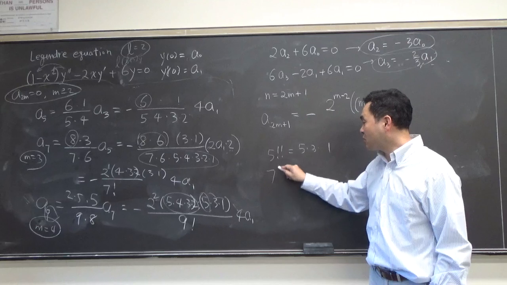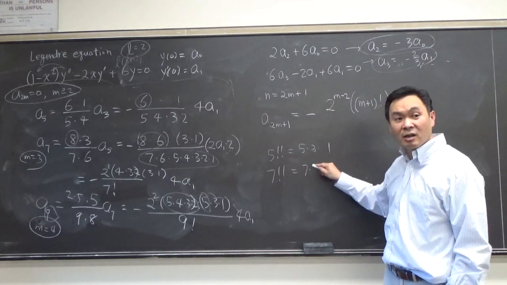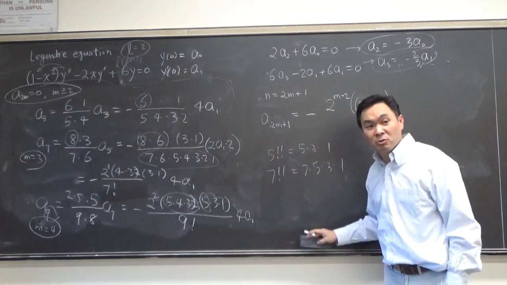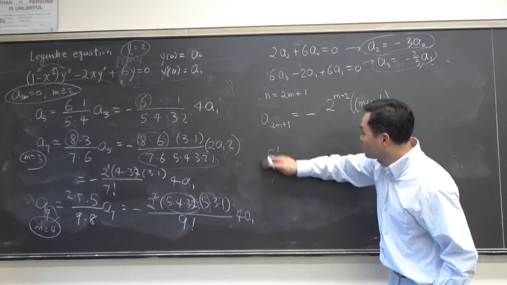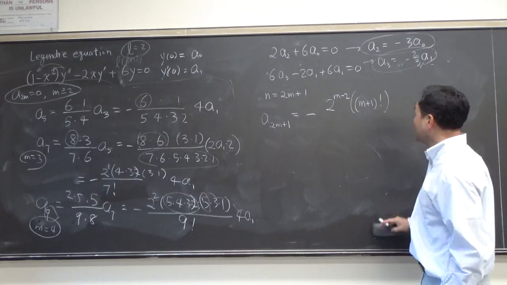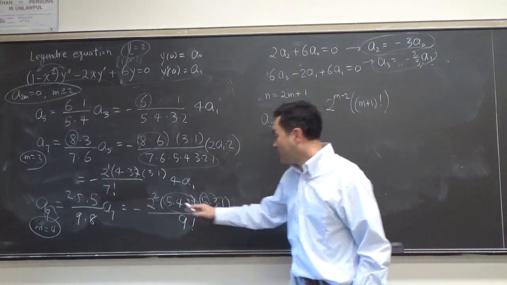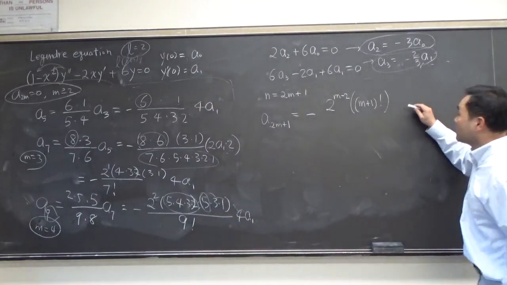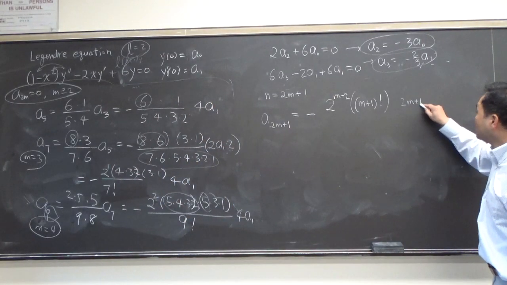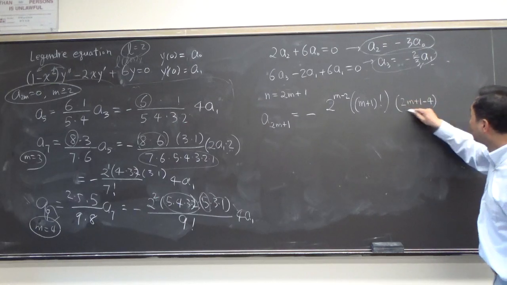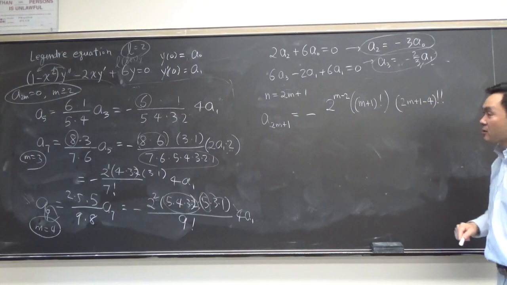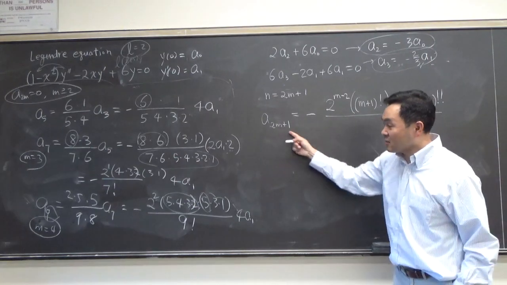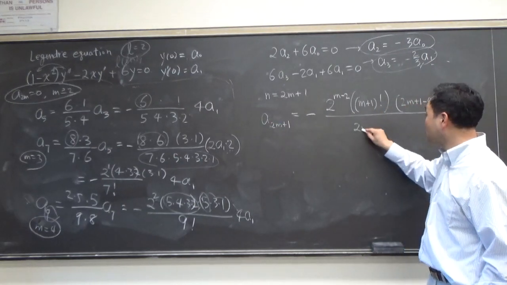And 7 double factorial will be 7 times 5 times 3 times 1. Okay? So that's another notation people use to talk about what's happening here. So 9 minus 4 gives you 5, 7 minus 4 gives you 3. Right? So it's going to be 2m plus 1 minus 4 double factorial. And then the bottom one will be exactly the same as this factorial, so it will be 2m plus 1 factorial.